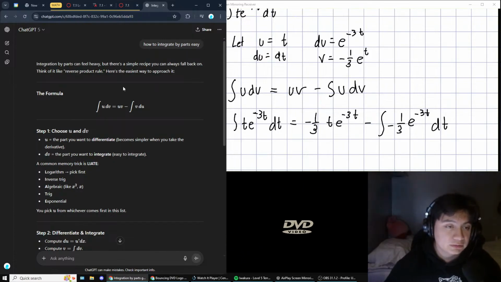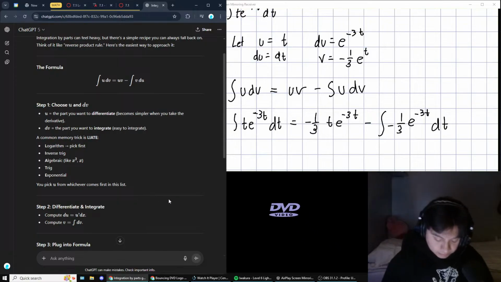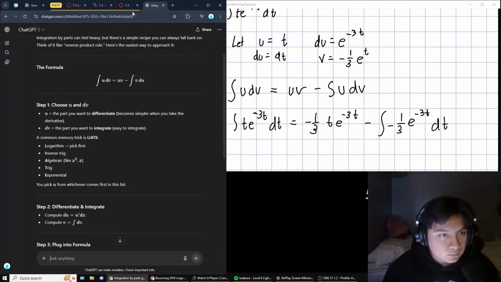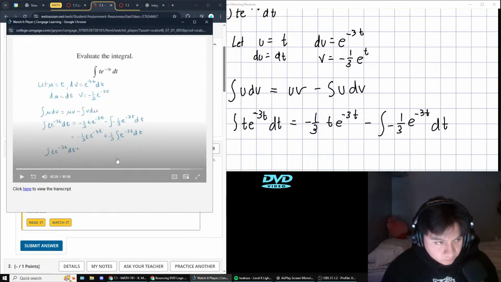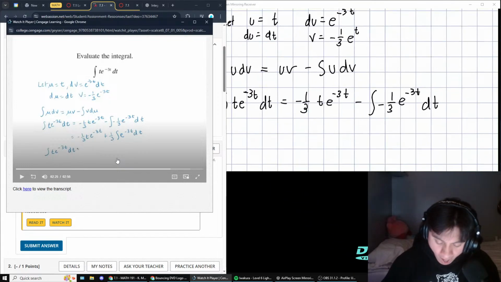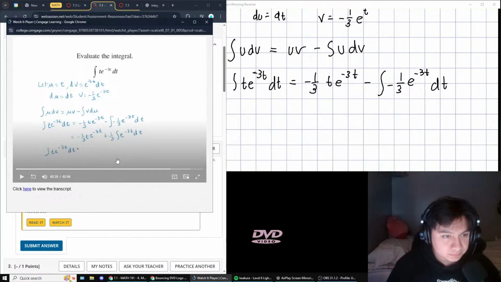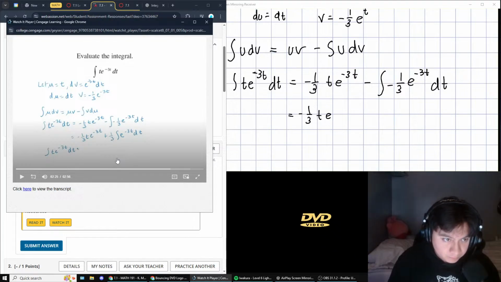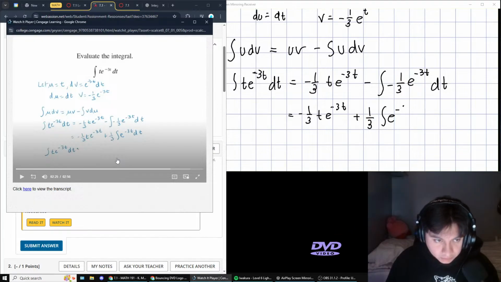uv minus the integral of v du. So in this specific case, they simplify, so they bring it forward. e to the negative 3t dt.